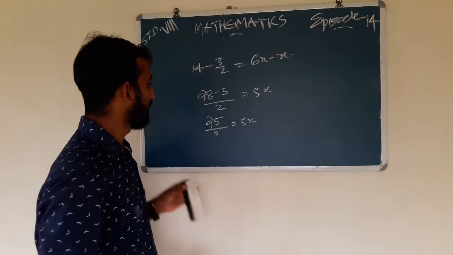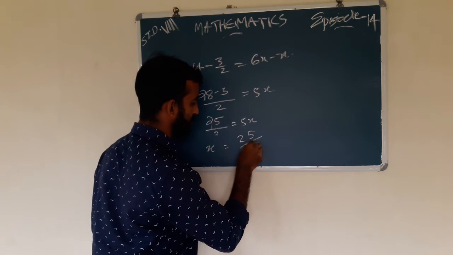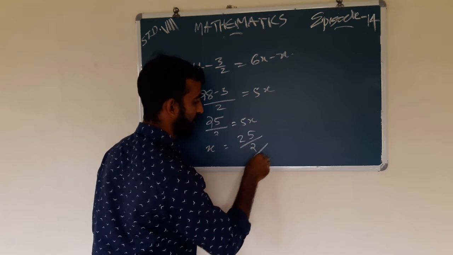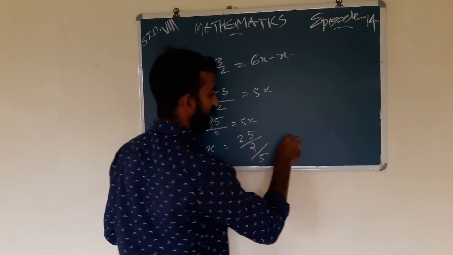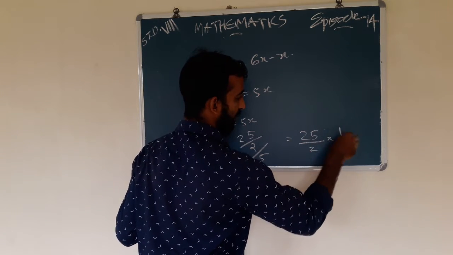What is the answer? That is x equal to 25 by 2 whole divided by 5. That is 25 by 2 into 1 by 5.